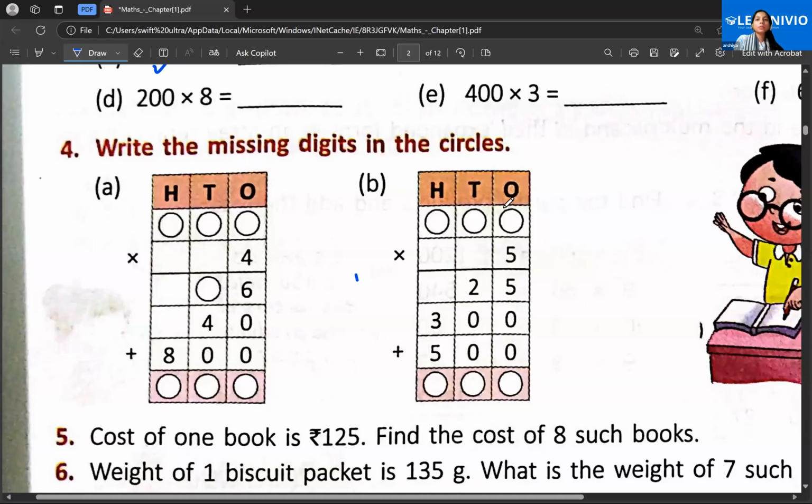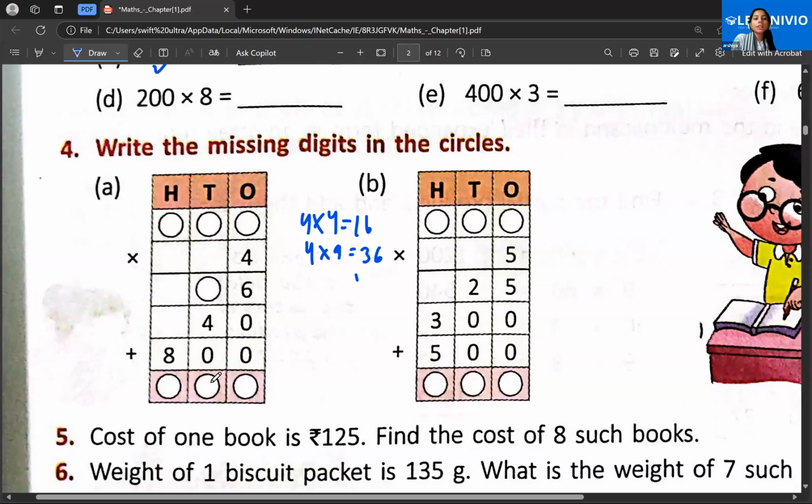So we have 2 options, right? So 4 times 4 is 16 and 4 times 9 is 36. We can put any one of them. Why? Because they haven't given us the final answer here. Does that make sense? Yes.